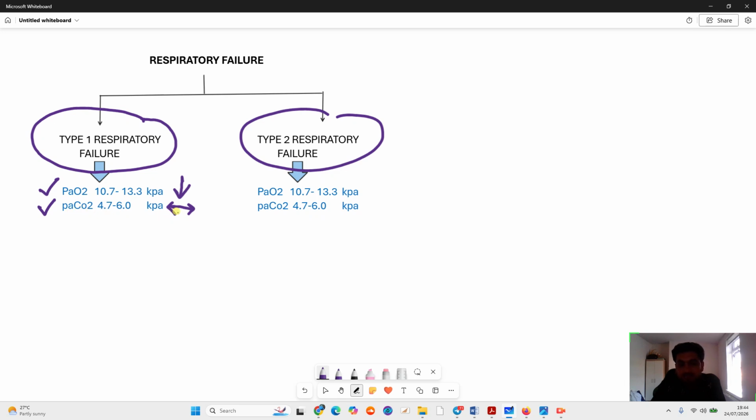In type 2 respiratory failure, if the partial pressure of the oxygen is down and the partial pressure of the carbon dioxide is going up or raised, that is called type 2 respiratory failure. So that's all about the ABG. I hope you learned the ABG completely.